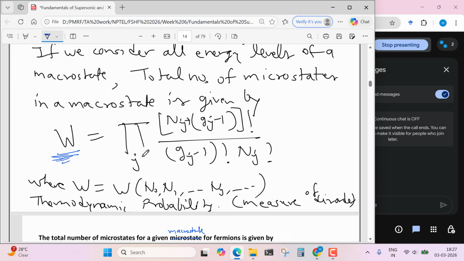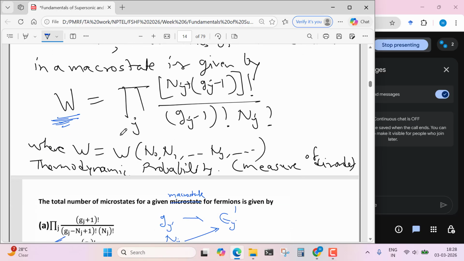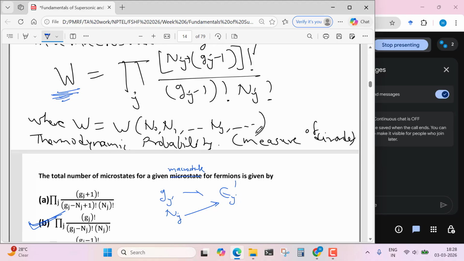And one more thing: before, we have seen that when the maximum number of microstates occurs, it will be the most probable macrostate or thermodynamic equilibrium. So if we maximize this W, we will get the most probable macrostate. So now we have found what happens for bosons.